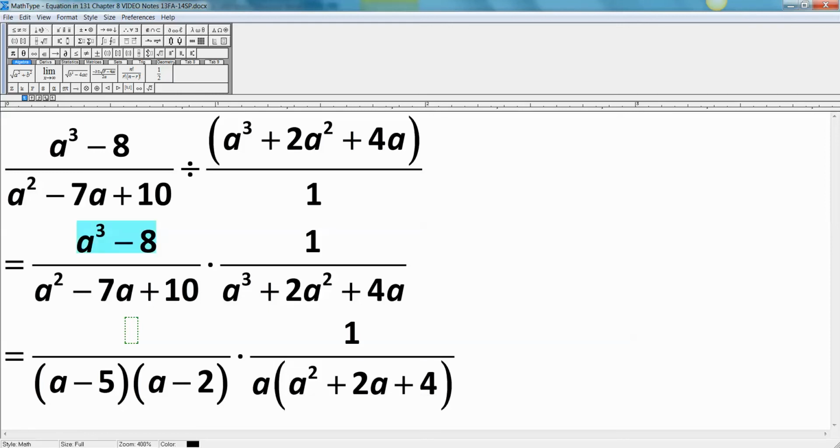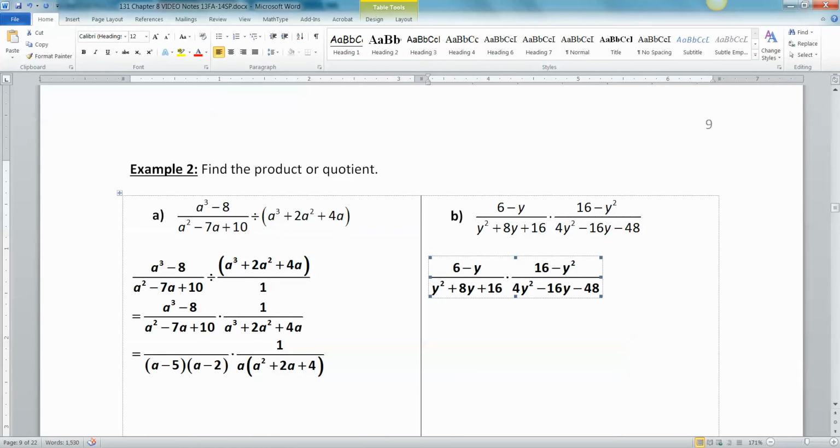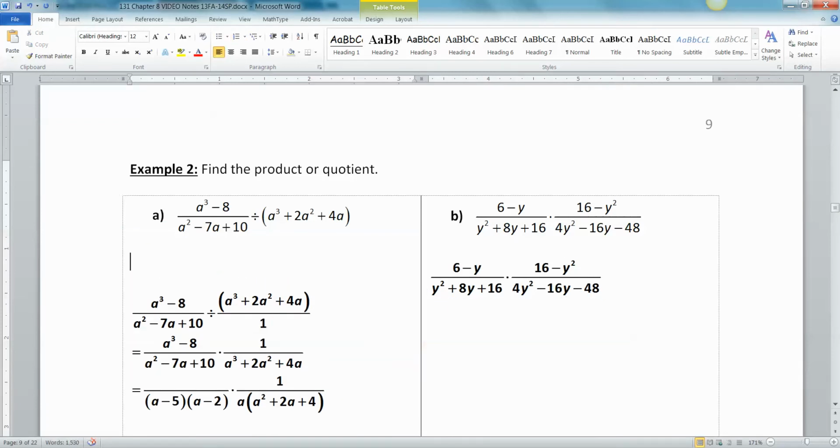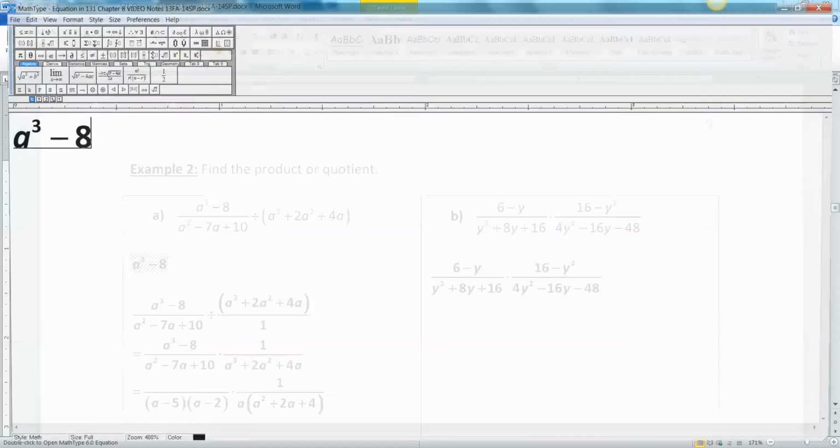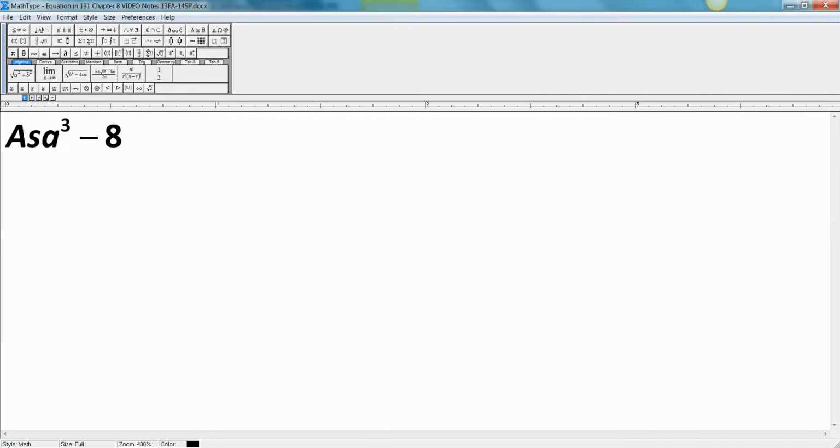That leads us to this one, which I've kind of been avoiding. So let's go aside and figure that out for a minute. Right, so you're just going to figure this out somewhere else. Now remember, we have a formula for sum and difference of cubes.